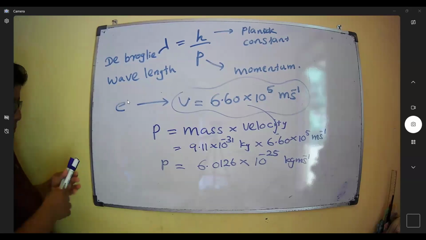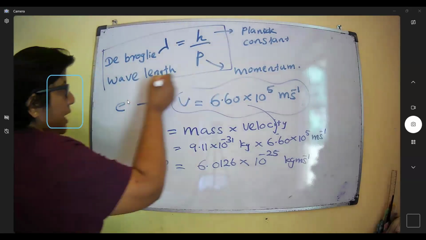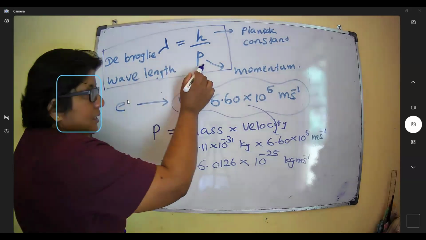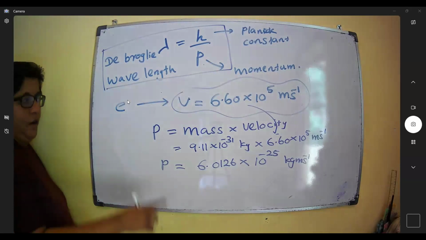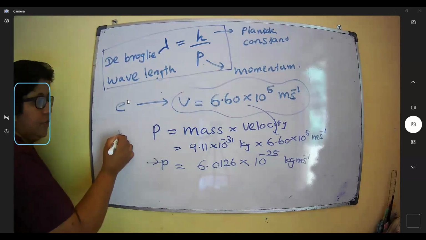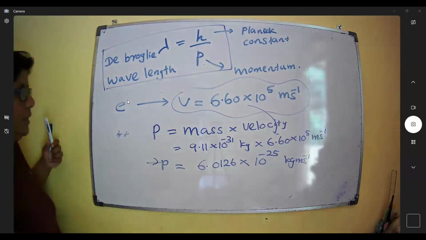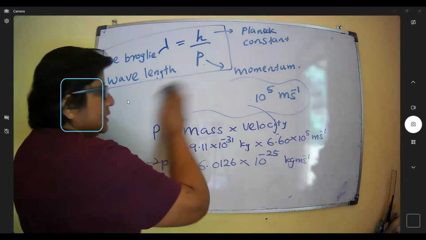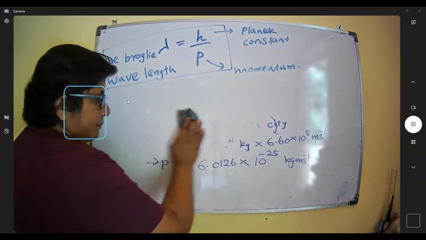And you should remember these points: the equation and what these are representing, momentum and Planck constant. If they are giving velocity, then how do we find the momentum? We should be aware of these things. After that, we can substitute for momentum.